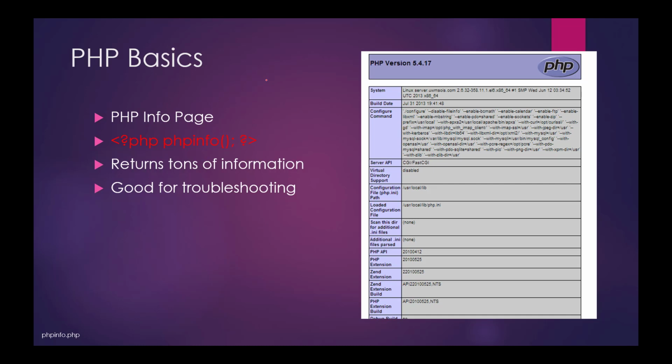Let's take a look at that. If I pull up, I've got something called phpinfo, and this is literally the entire file, phpinfo.php. If I upload that to the server, and then I go to that file, this is what I end up with.